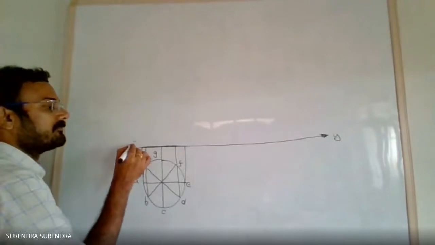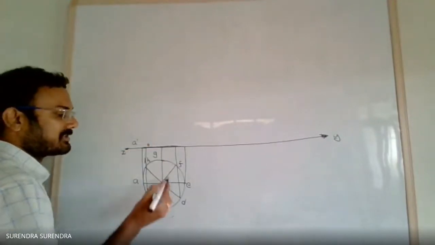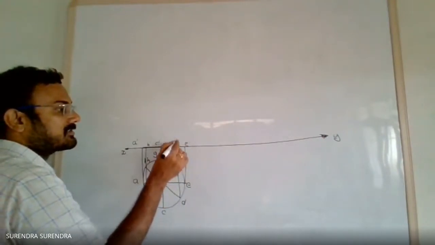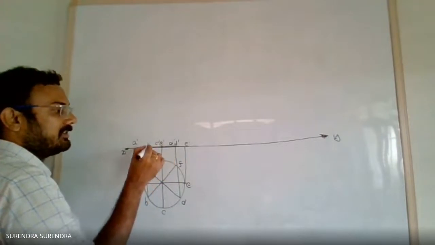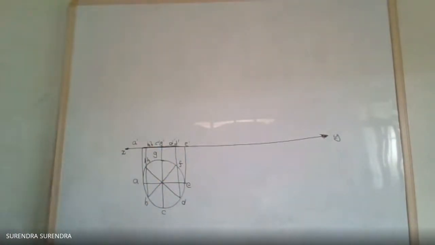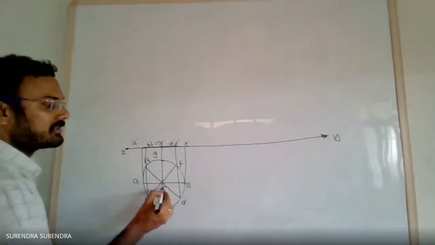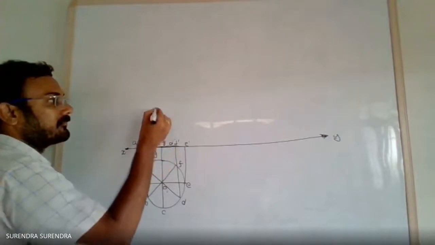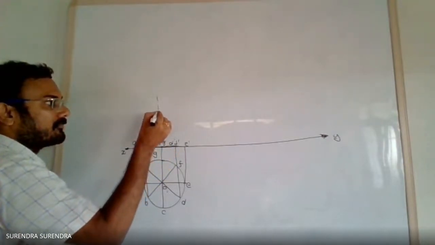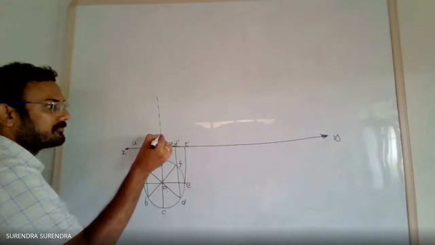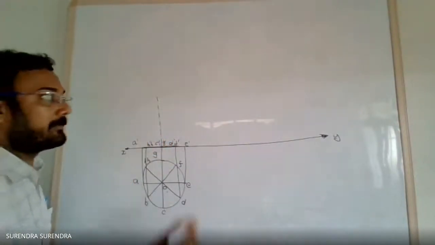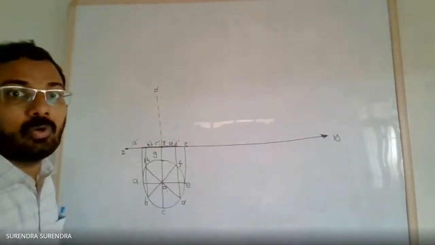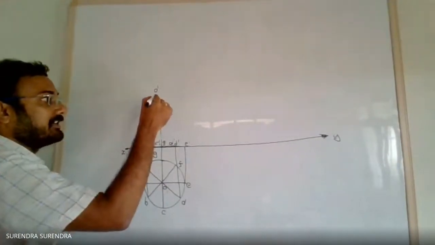So the points are A dash, B dash, C dash, D dash, E dash, F dash, G dash, H dash. Now draw the axis line. This is the axis, the apex point. Find the point as O dash.